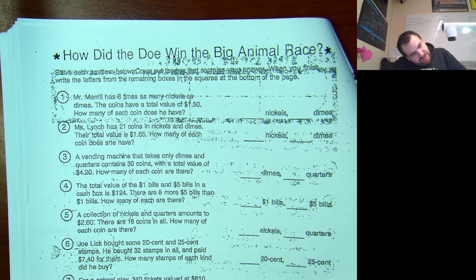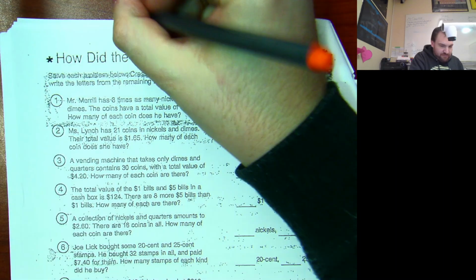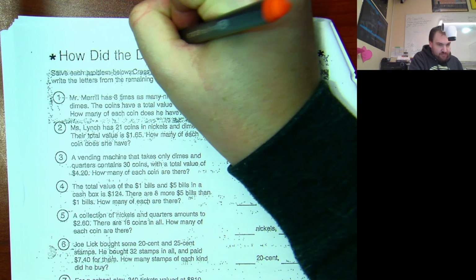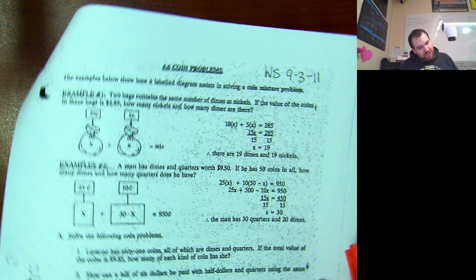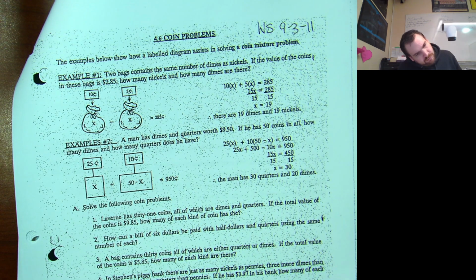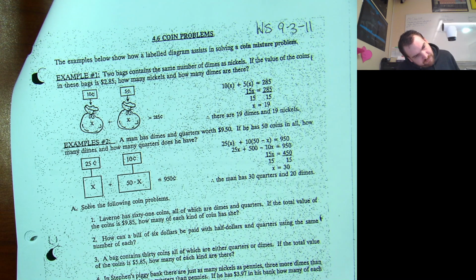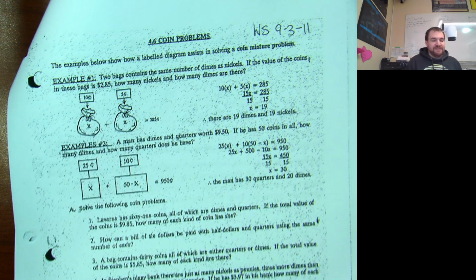Do I want you to do the second page too? I want you to do this guy here. And then I want you to flip the page, and I want you to do odds. Do I want odds? No, I don't want odds. I want evens. I want evens on this page.